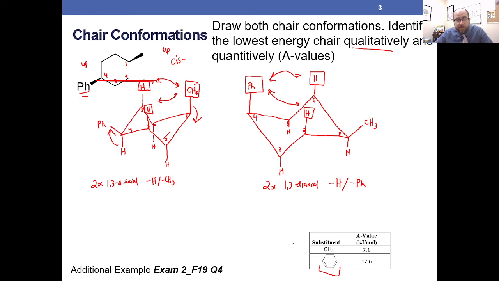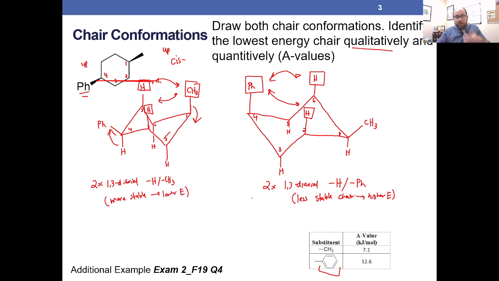The benzene ring is going to be larger. So if I have a larger group in that axial position, that's going to make this the less stable chair. So that's the less stable chair, or higher in energy. And correspondingly with the smaller axial substituent, that's going to be the more stable chair. So more stable or lower in energy.